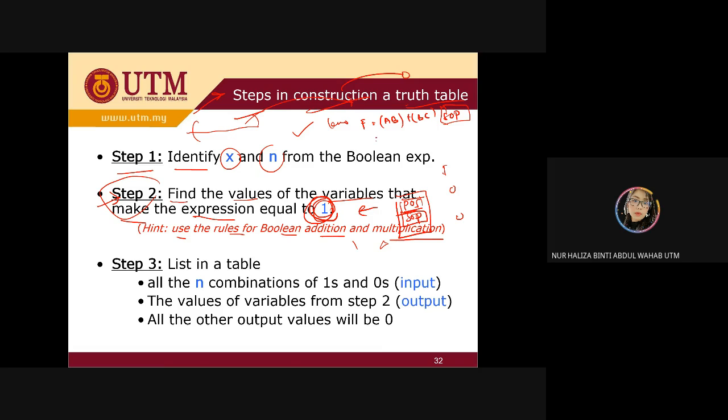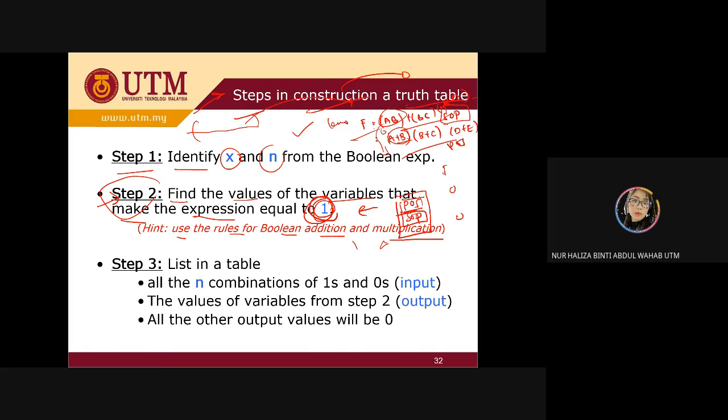And POS will be like A, B plus C, D plus E, and so on. So there is a difference between POS and SOP. For SOP, your Boolean value will be 1. For POS, your Boolean value will be 0.